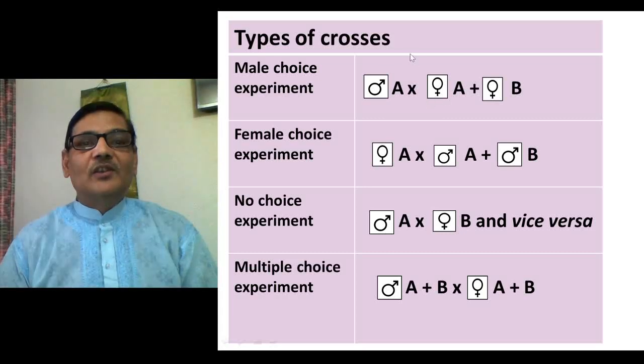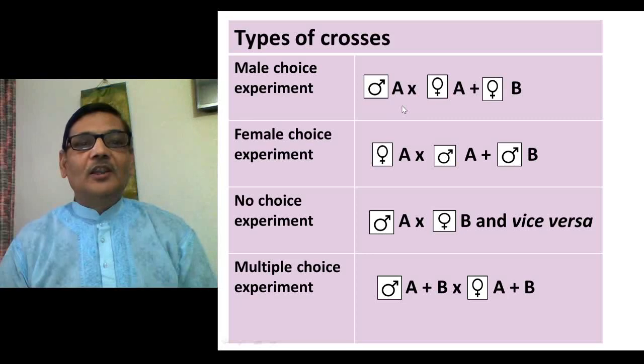So in a single mating chamber, we use a mating chamber which is a small wooden chamber. On the upper side of it, a transparent glass is there, so you can observe the mating pairs, and there will be one area through which the males and females can be introduced.